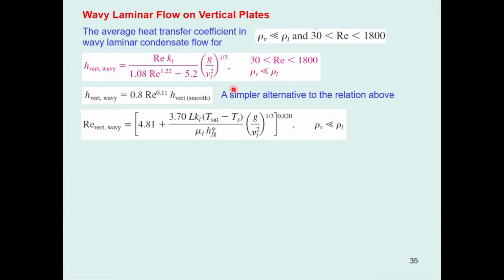An alternate relationship for the convective heat transfer coefficient for the vertical plate in the wavy laminar region in terms of the Reynolds number is given by this formula, and the Reynolds number is ultimately connected with the modified latent heat of vaporization. You can use this formula for the determination of the Reynolds number for vertical plates in wavy laminar flow, keeping in mind that the density of the vapor is far less than the density of the liquid.